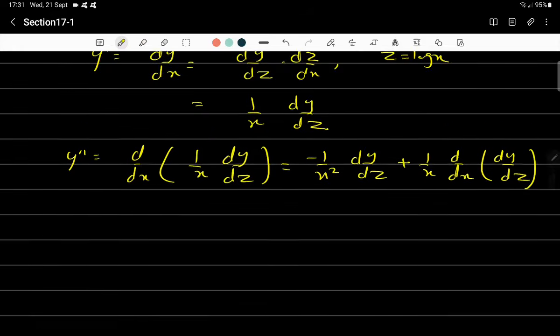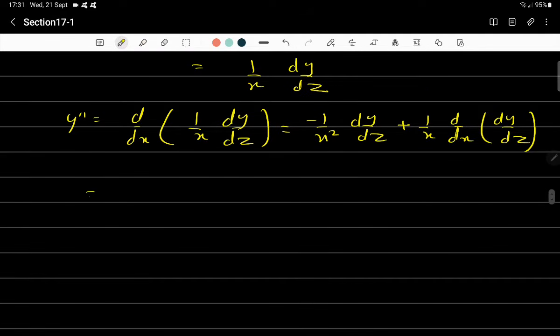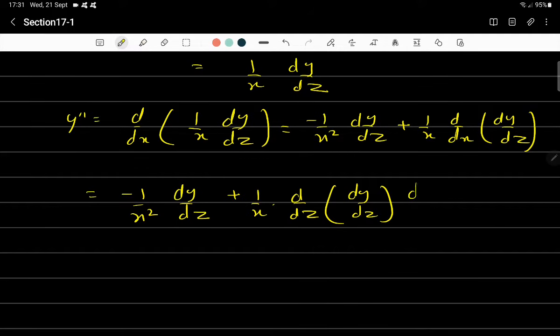So I am simply using the chain rule. If I simplify it further, then it becomes minus 1 by x square dy by dz plus 1 by x d by dz of dy by dz multiplied by dz by dx, which is minus 1 by x square dy by dz plus 1 by x square d2y by dz square.